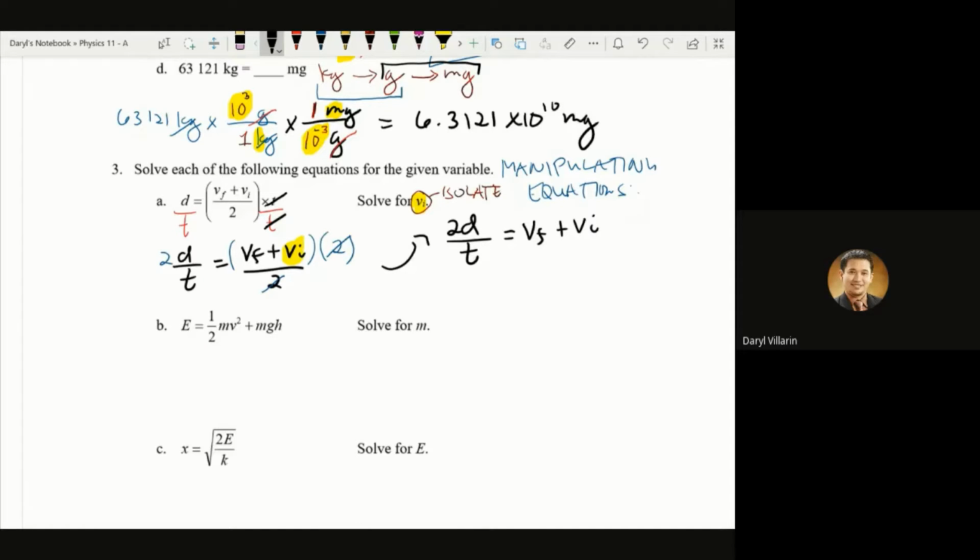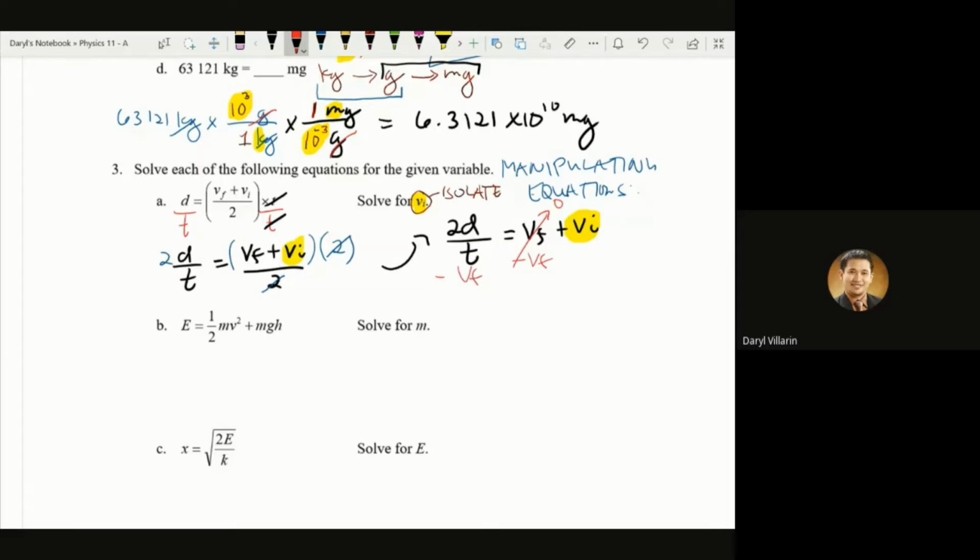But then again, I need to isolate my vi. So that means only vi on that side of the equation. So I need to get rid of vf. So is it not that if I subtract vf from this, this gives me 0, so that would be gone on that particular side. But I will also subtract vf from the other side.